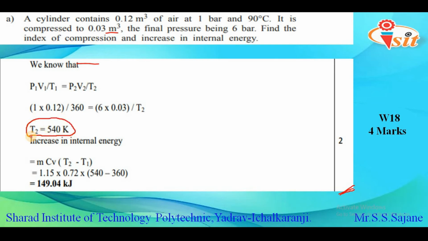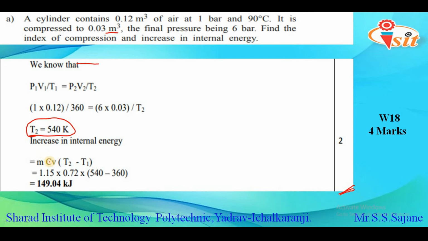With this we can now determine the change in internal energy by this formula m Cv into (T2 minus T1). We have calculated m, so we will substitute that value, which is equal to 1.15.